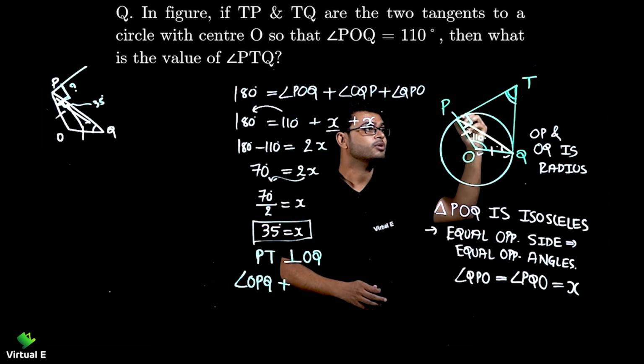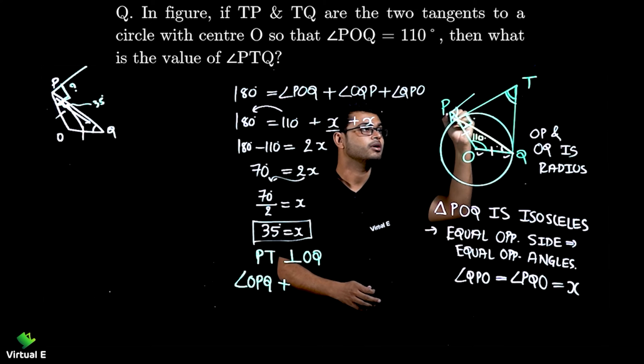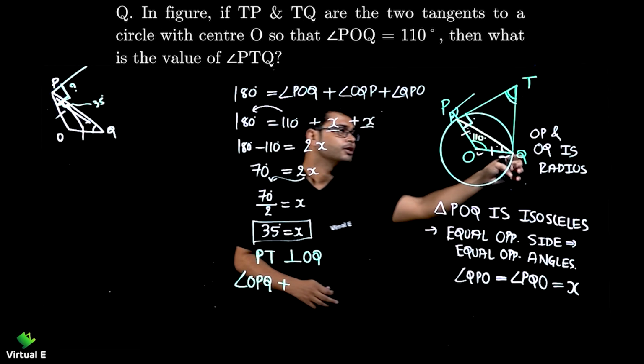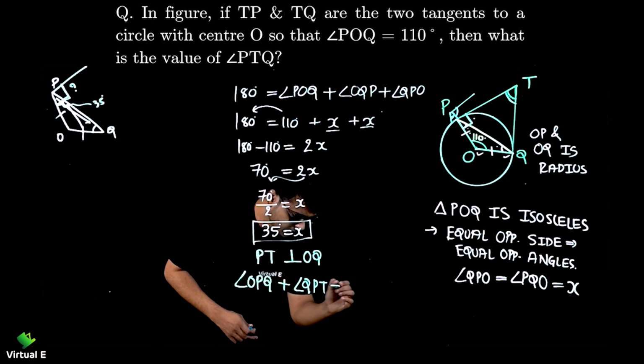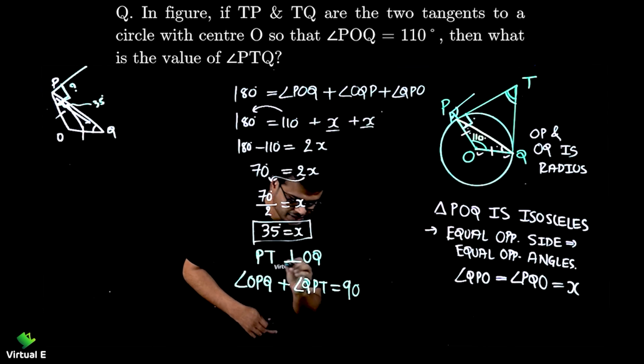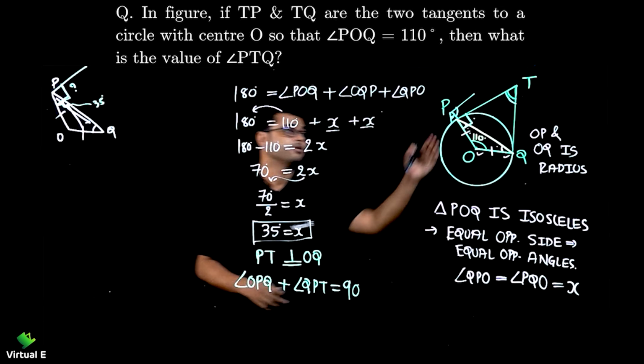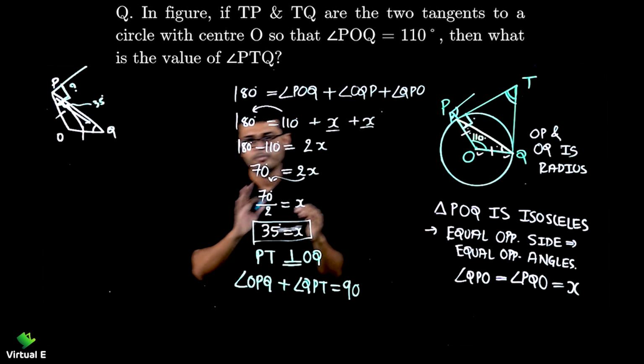See, these two angles I am talking about. This is one angle and this is another angle. Observe properly, right? Angle QPT is equal to 90 degrees, right? See, the reason we have written over here is that radius and tangent are perpendicular.